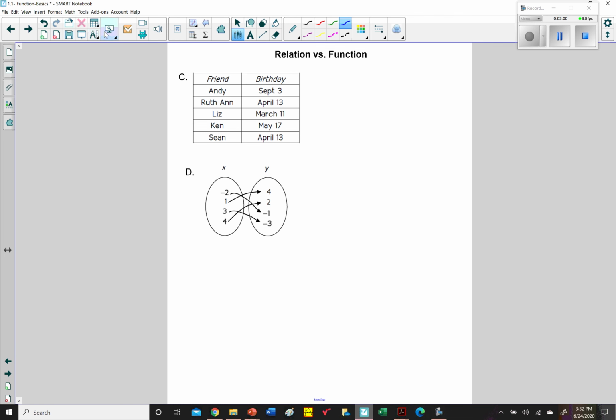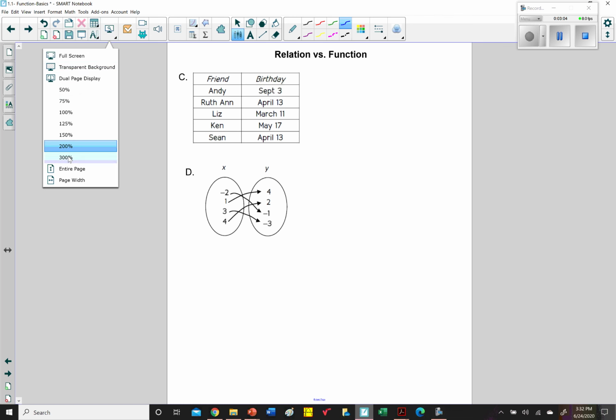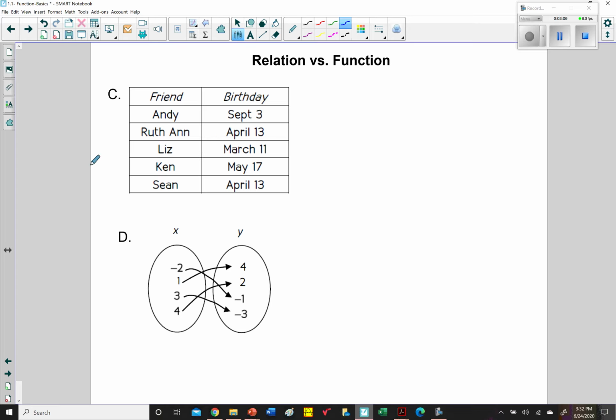On part C, we have a list of friends and then the birthdays. So you see Ruth Ann and Sean both share April 13th. But that's still going to be a function because every input is unique. Our input is the list of friends, and the output would be the birthdays.